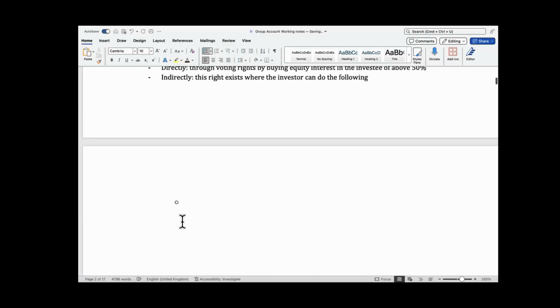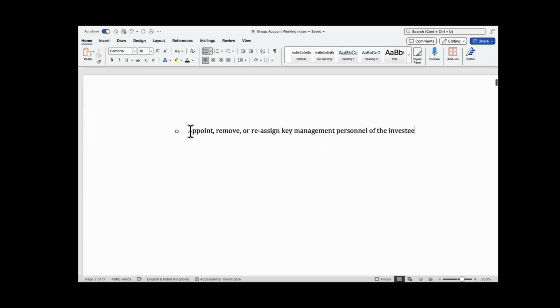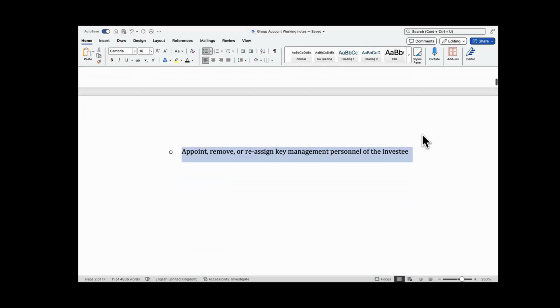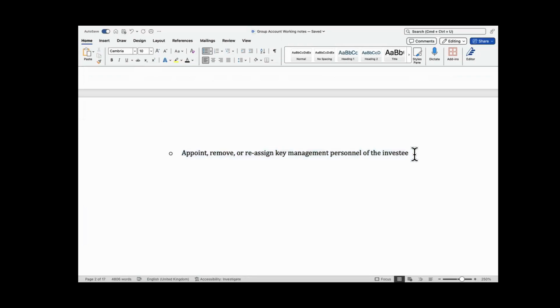Number one, where the investor can appoint, remove, or reassign key management personnel of the investee. When you can do this, it shows that you have power. It shows that you have control. When you can appoint, remove, or reassign key management personnel of the investee, you are powerful.